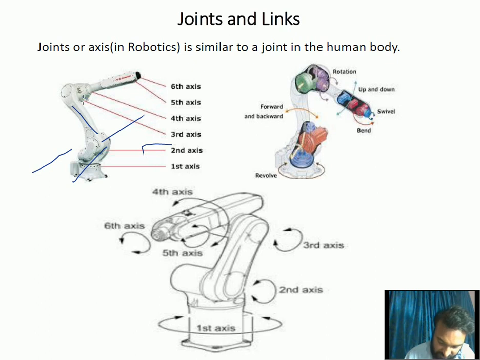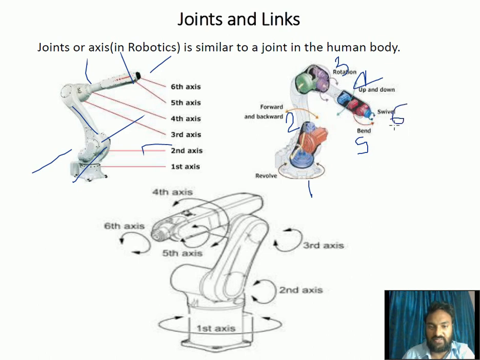Same way here, third axis, fourth axis, fifth axis and sixth axis. So this one is axis 1, this one forward and backward motion. Here axis 2 rotation, axis 3 up and down movement, axis 4 again bend, axis 5 and sway, axis 6.